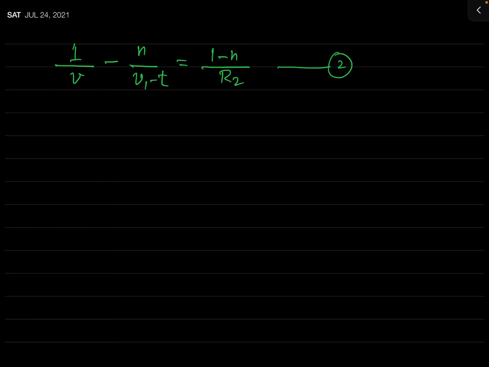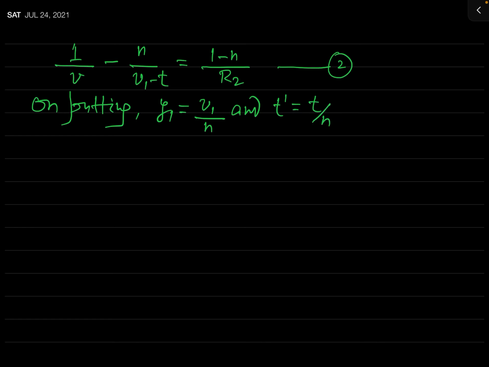Now let us make a simple substitution here to simplify the result. So you can say, on putting y1 equal to V1 over N and T prime equal to T over N, we consider it.